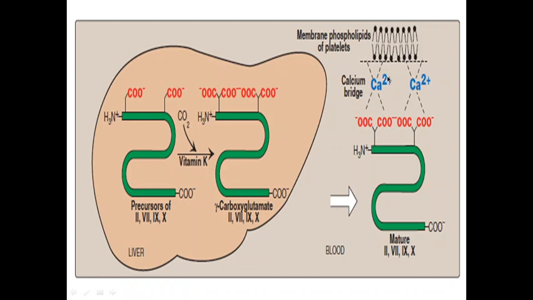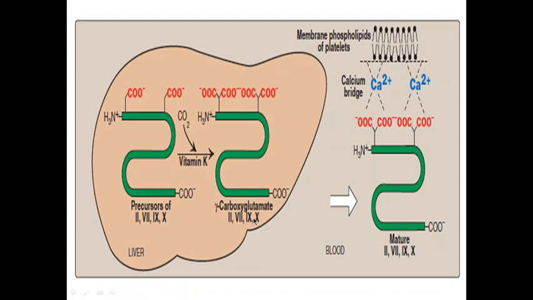Here are the coagulation factors. They are synthesized as precursors because they cannot function. They will not function except after the addition of carbon dioxide by the help of vitamin K for the carboxylase present in the liver, to transform the glutamic acid residues into gamma carboxy glutamic acid residues.